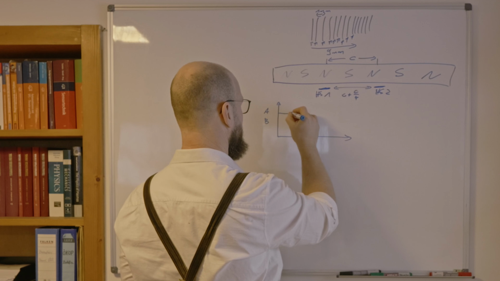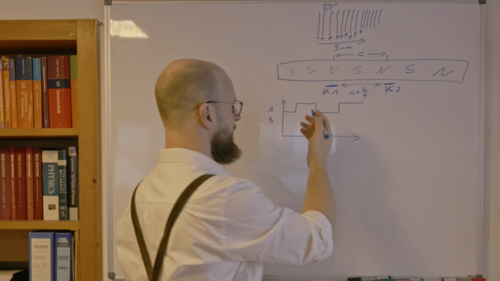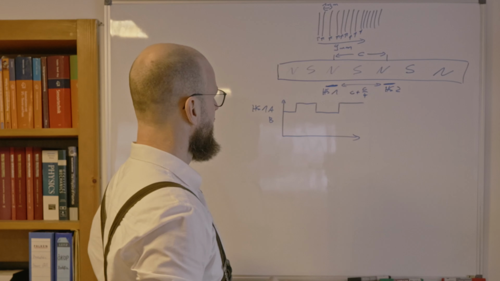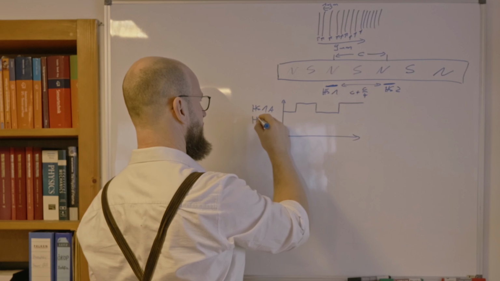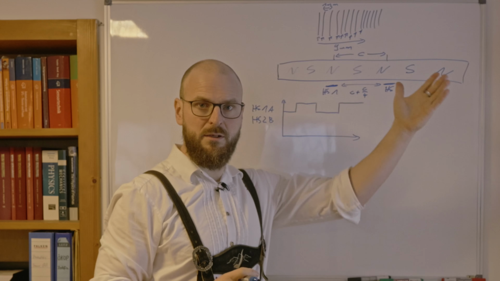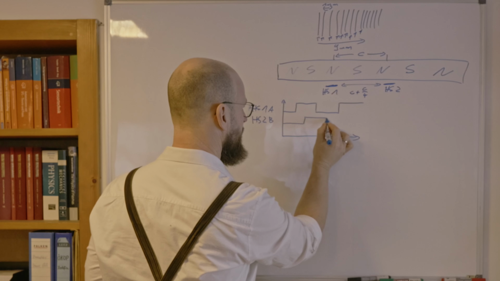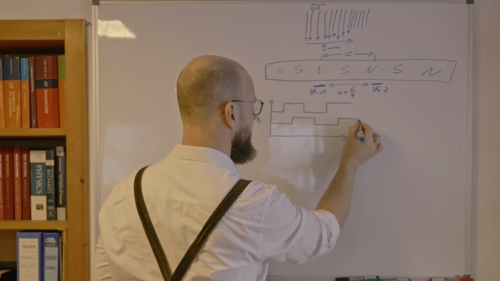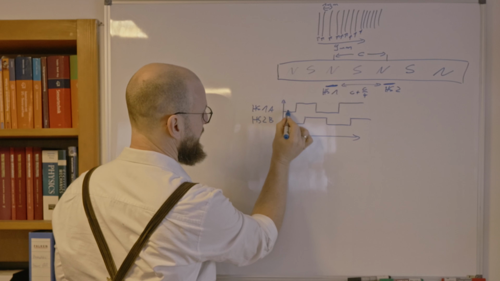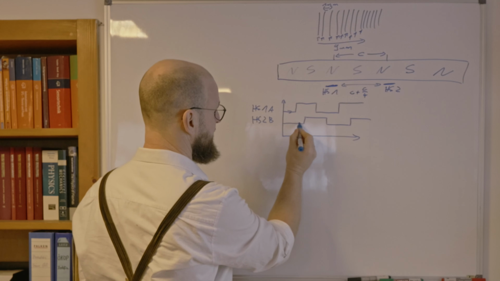Depending on the period, we will have a signal on sensor A. Let's call it HS A, our sensor A. Sensor B, due to the fact that it's a quarter apart in the period, would just be shifted in phase by 90 degrees. And that means when going in this direction, sensor A would give us a signal first and then sensor B.